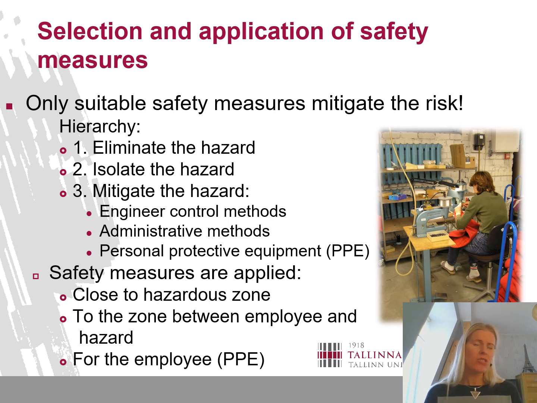Administrative methods are considered to be less effective, but they are also used. Here, administrative methods need, for instance, adequate training for the workers, adequate safety instructions for the workers, but also decreasing the hours of work being exposed to this chemical. And then personal protective equipment.